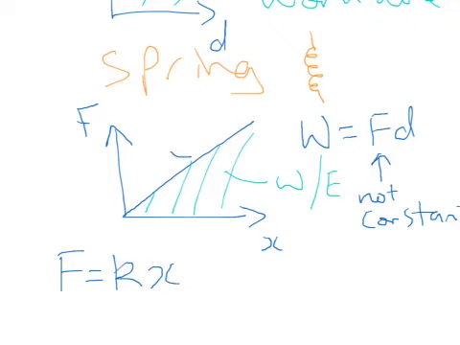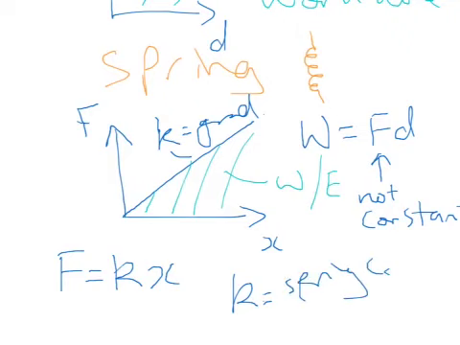The constant is the gradient of the graph, and it works out as the spring constant, and the spring constant is a measure of how hard it is to compress or stretch a spring. So a spring with a greater spring constant will require more force and will have a steeper slope on this graph. A spring that is softer and easier to stretch or compress will have a shallower slope on this graph and have a lower spring constant.